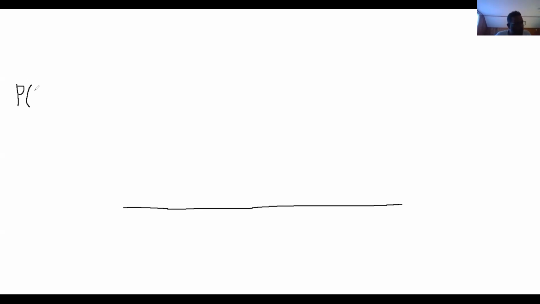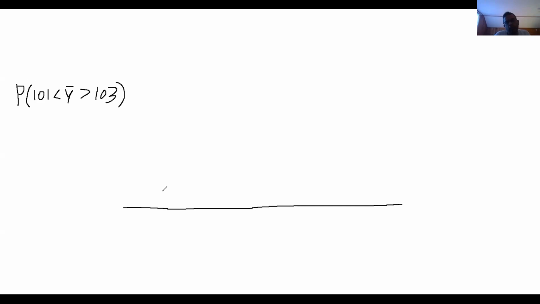Probability of 101 less than y bar, I'm sorry, greater than. Okay, let's do greater than. That's not the question, but I'm switching it. Greater than 103.